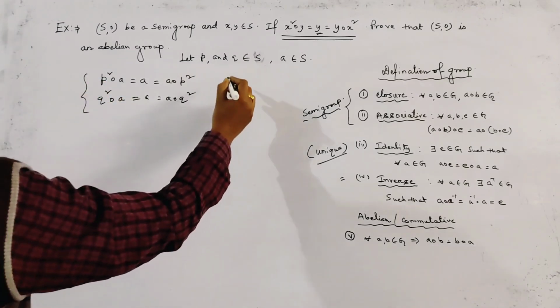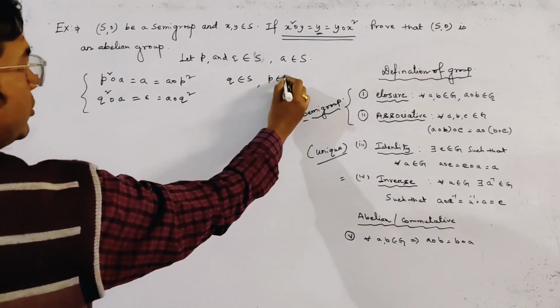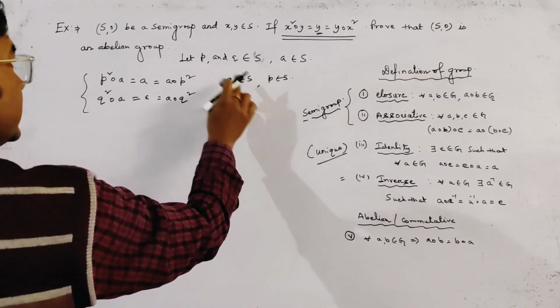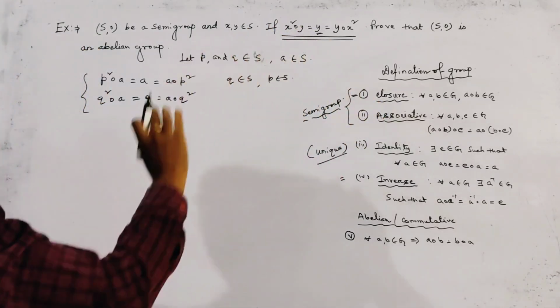Since q belongs to S and p belongs to S, and since it is a semigroup, the closure property already holds in it.